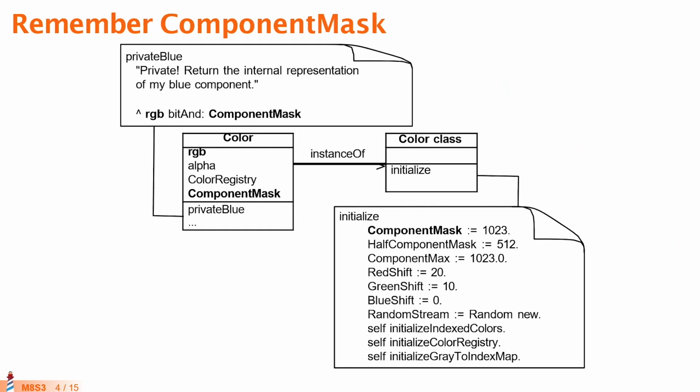In the previous lecture, I was showing that the Color class initializes the shared variable, and instance methods like private blue can access it. The Color class can access it by initializing the value. It could also read the value. So this was what was in the previous lecture.